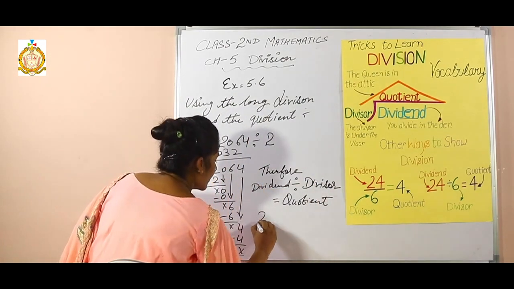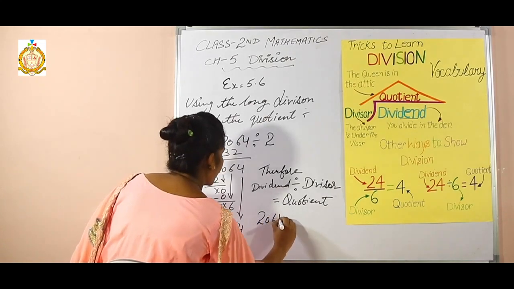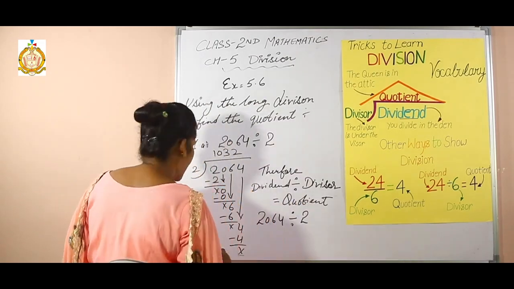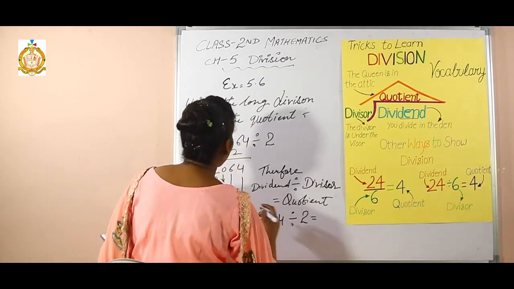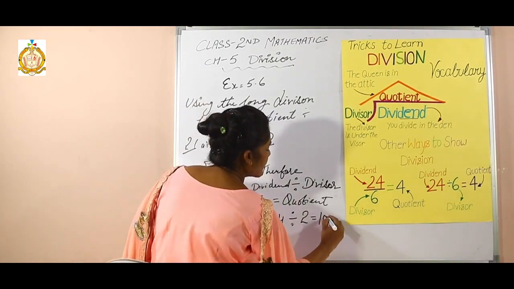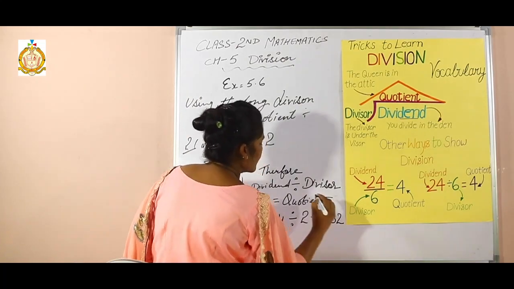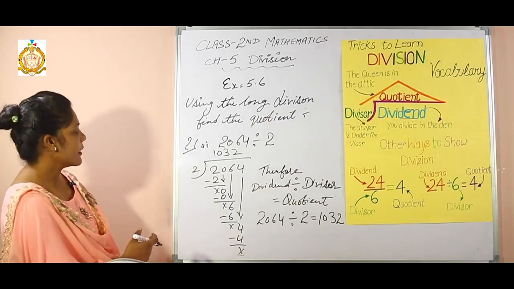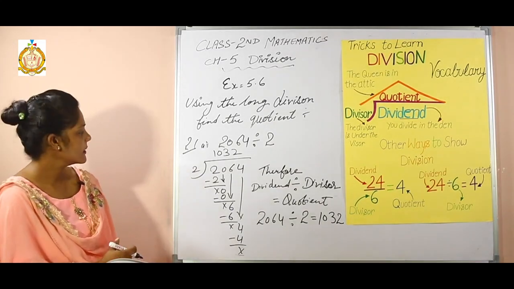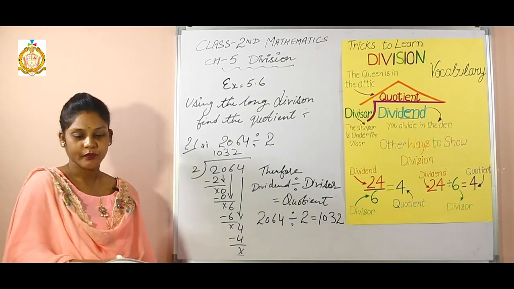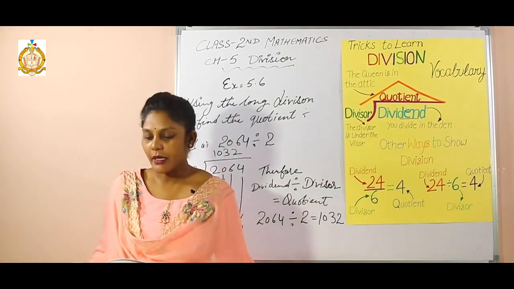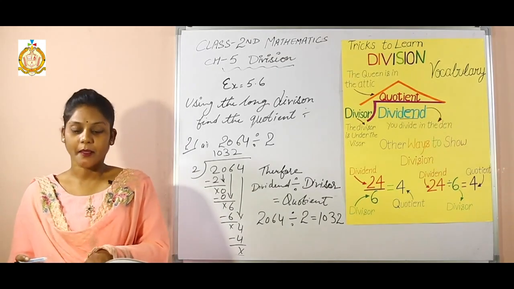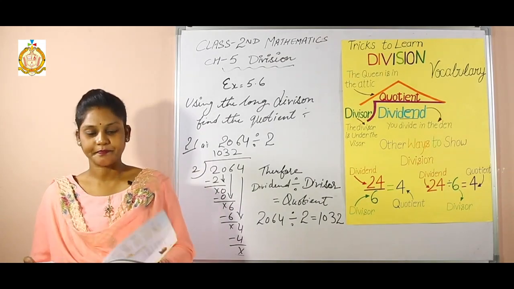In the same way, 2064 divided by 2, that is the divisor, equal to the quotient, 1032. Clear, students? So this is sum number 1 from part 2. Same like this way you should do parts 3 and 4 also in your notebook.